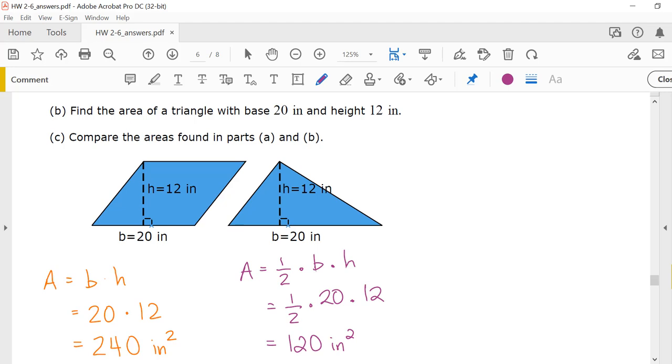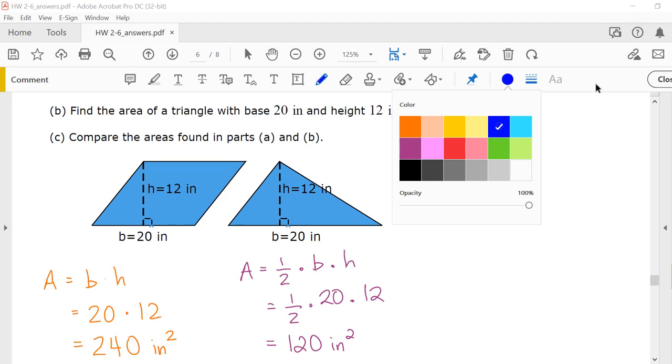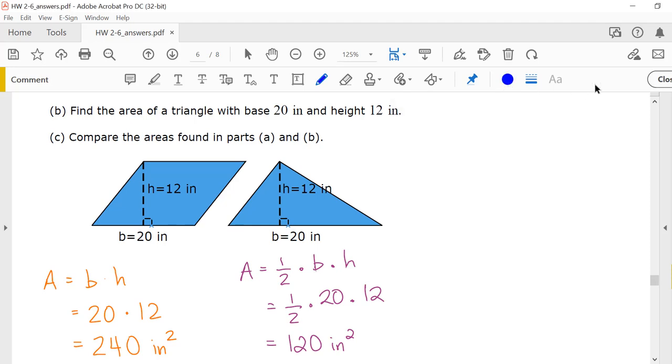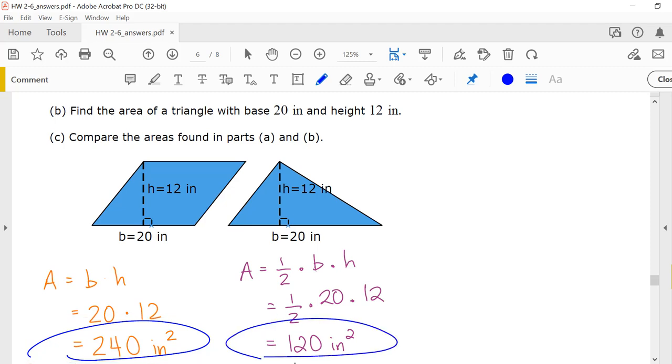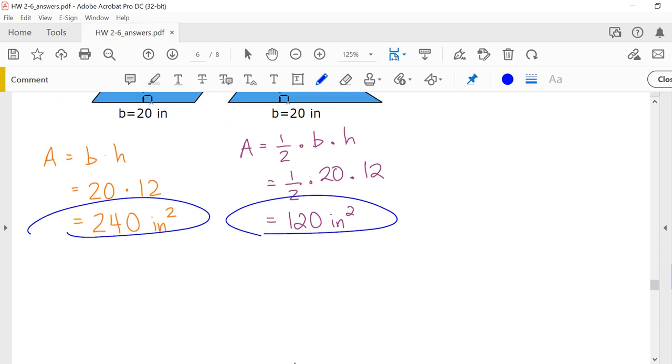In part C, it says to compare those two areas. What do you notice about those two areas? Well, the parallelogram with base 20 and height 12 is 240. The triangle with base 20 and height 12 is 120. How do those two numbers compare?